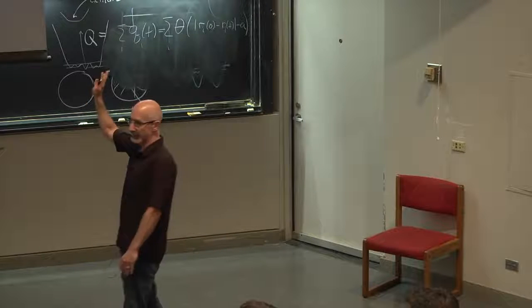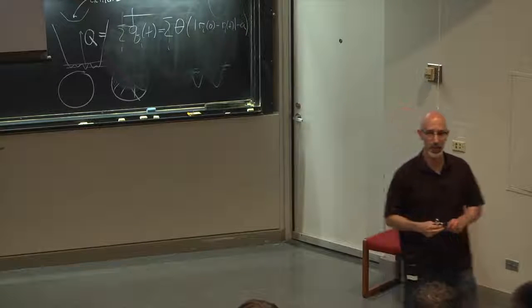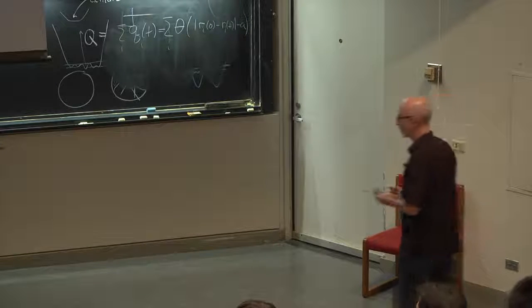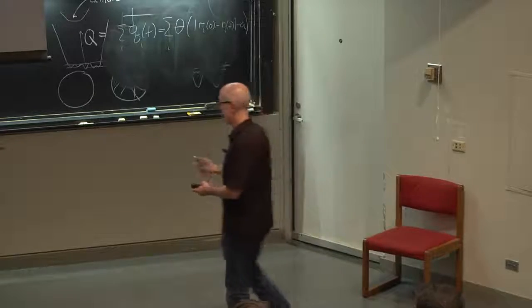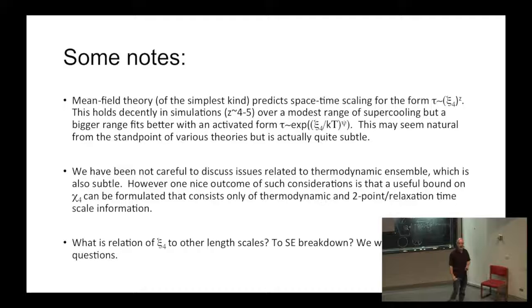Now, one thing that I'm not going to discuss because it's tedious and it's confusing, but it's actually very helpful also, is that if you want to actually calculate these quantities and extract these length scales, it actually matters what thermodynamic ensemble you use. And this is actually physical. It may seem unphysical, but it actually makes sense.